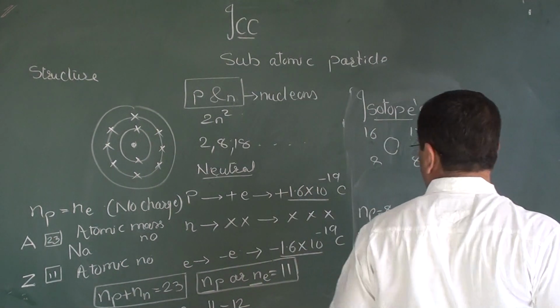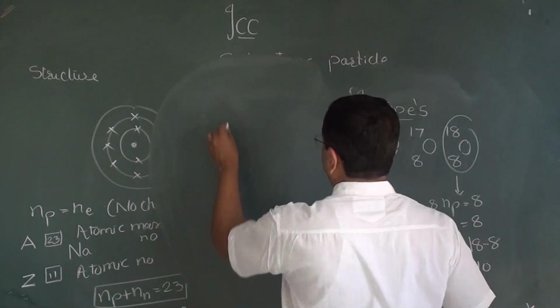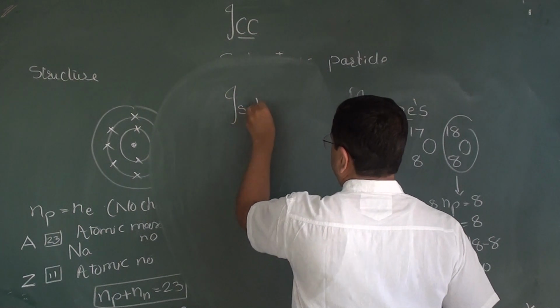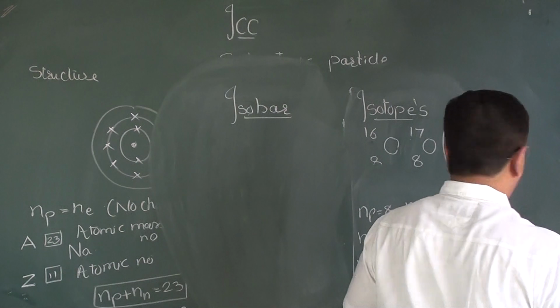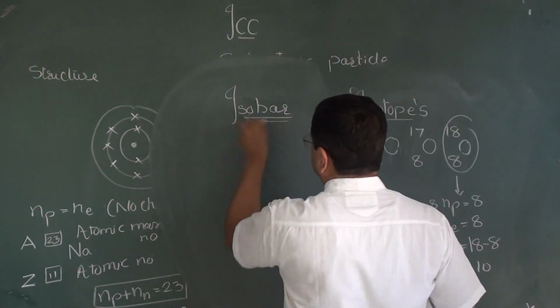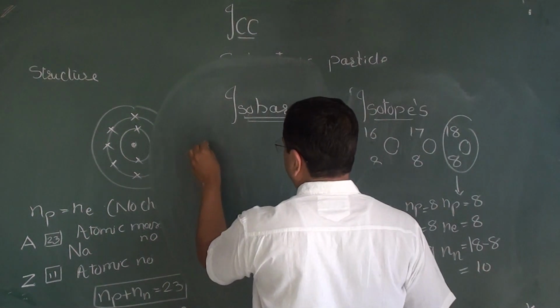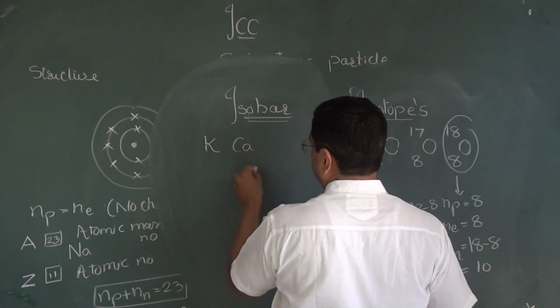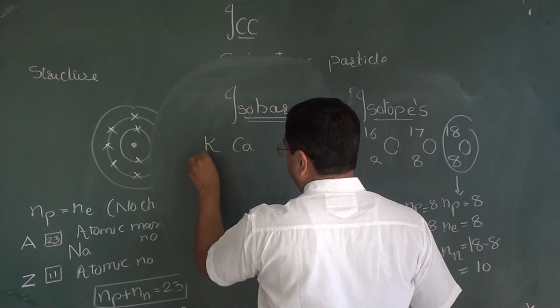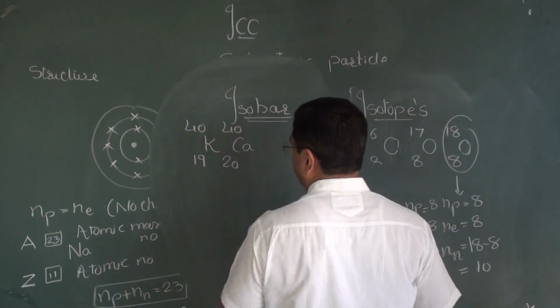I've written isobar. Let me now talk about what you mean by isobar. It's exactly the opposite of isotope. Let me show it with the help of an example. I'll write potassium 19, 40 and calcium 20, 40.